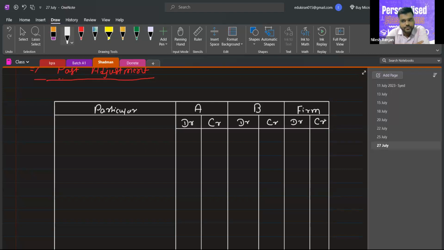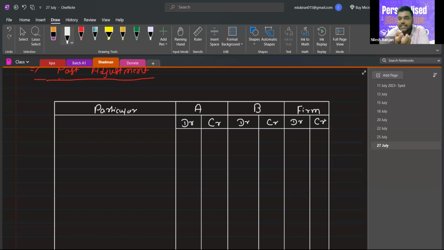Yes, sir. Because if we have to deduct anything from the capital account, then we will write it on the debit side of the capital account. So same here, if we are taking back anything from the partner, then we will write it on the debit side, and in the firm's column, it will be written on the credit side.